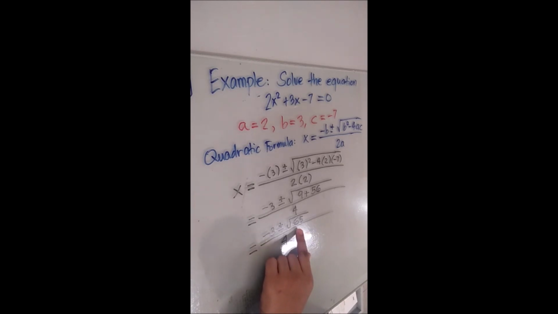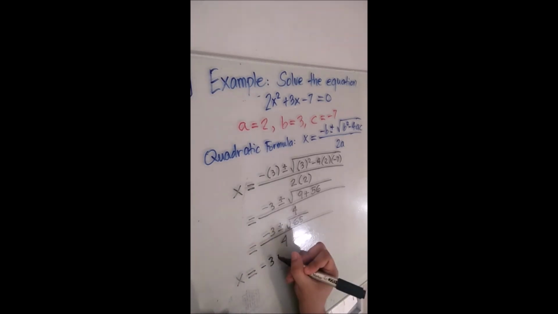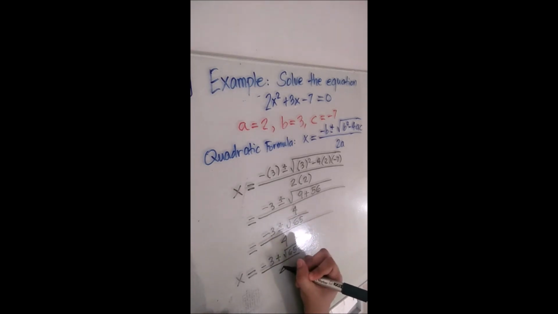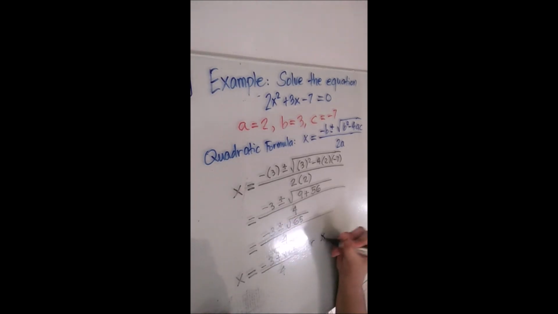Okay, so can we simplify square root of 65? 65 has no factor that is a perfect square, so we cannot simplify this. It's already square root of 65. Therefore, the values of x are x is equal to negative 3 plus square root of 65 all over 4, or x is equal to negative 3 minus square root of 65 all over 4.